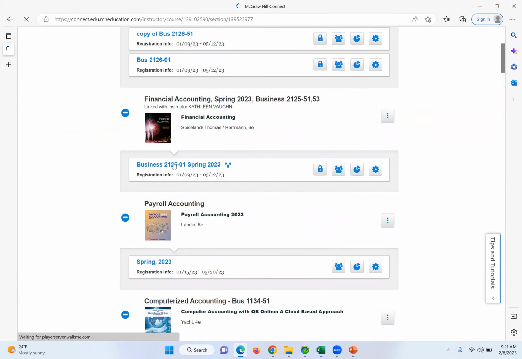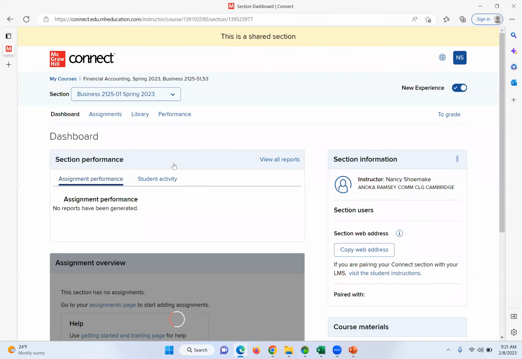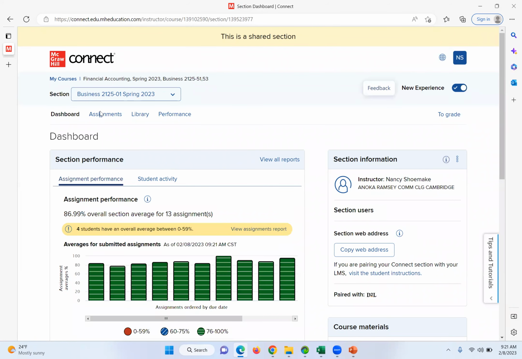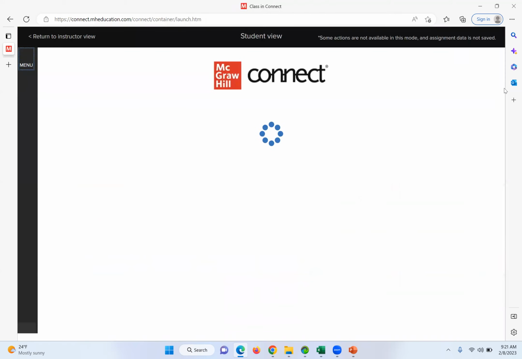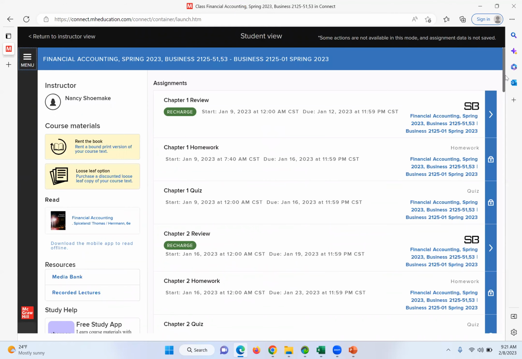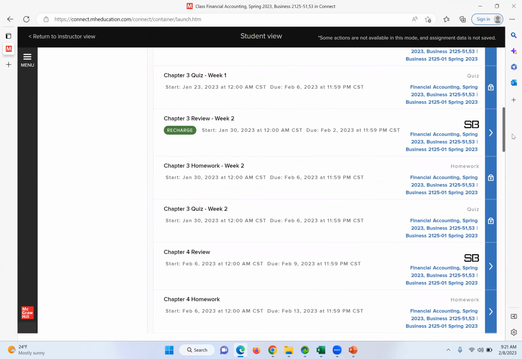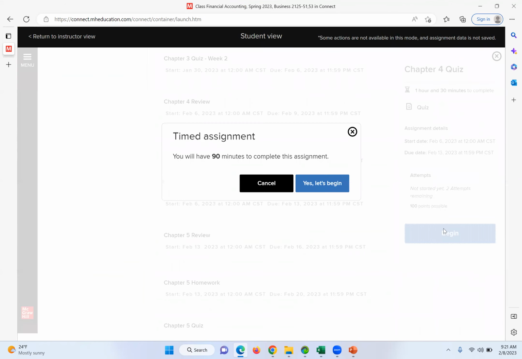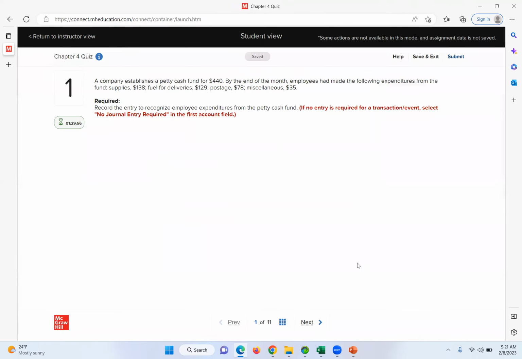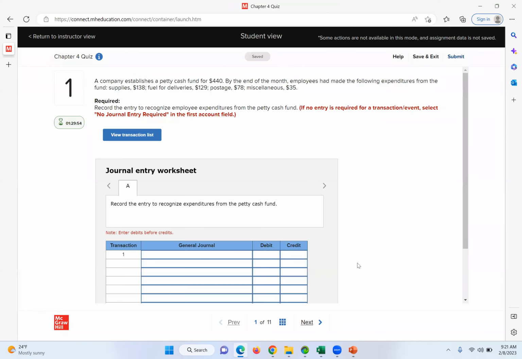So here, as we look at our Chapter 4 quiz, know that a company establishes a petty cash fund for $440.